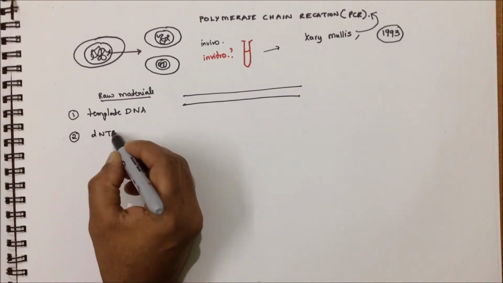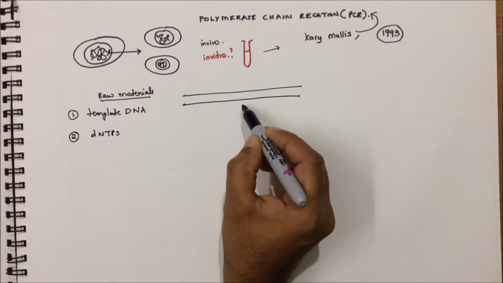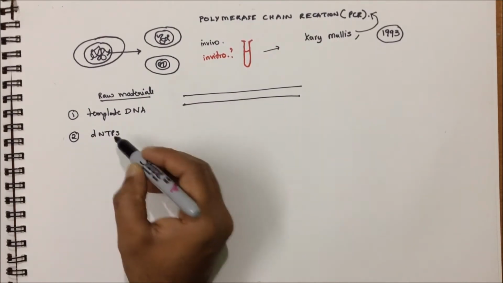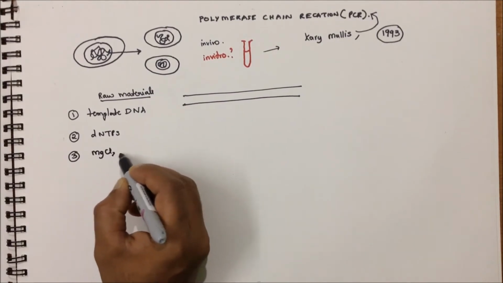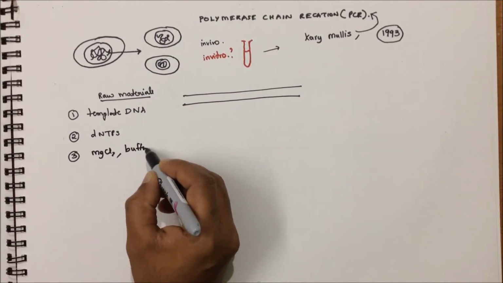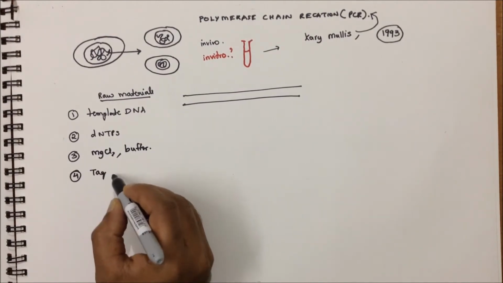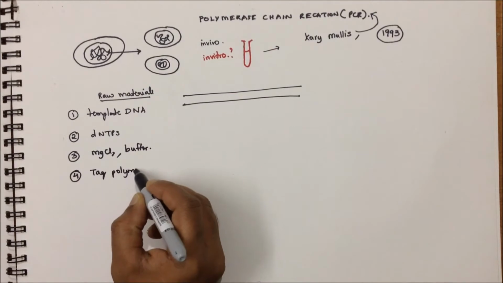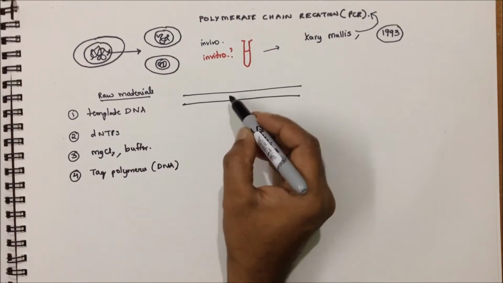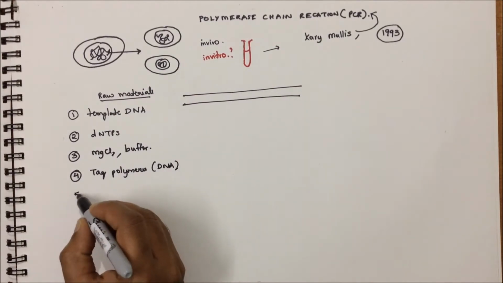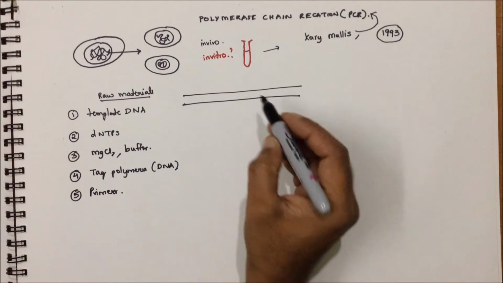Second one is the dNTPs, the nucleotides A, G, C, T, which get incorporated into the new or growing strand, and the magnesium chloride, salts and the buffer to maintain the pH of the conditions. And then the Taq polymerase or the DNA polymerase, which is very important to add the dNTPs into the strand. The last one, the foremost important one, is the primers.